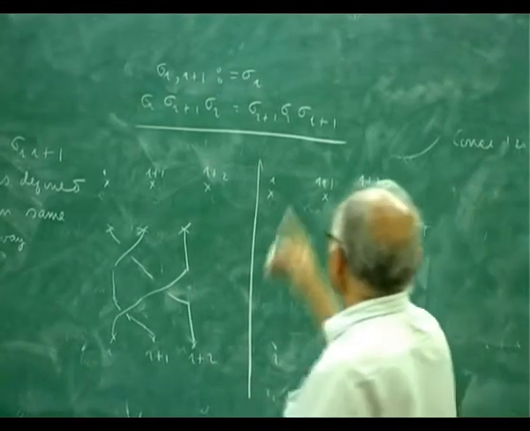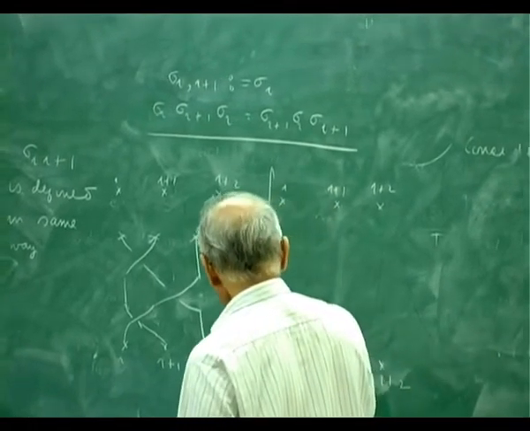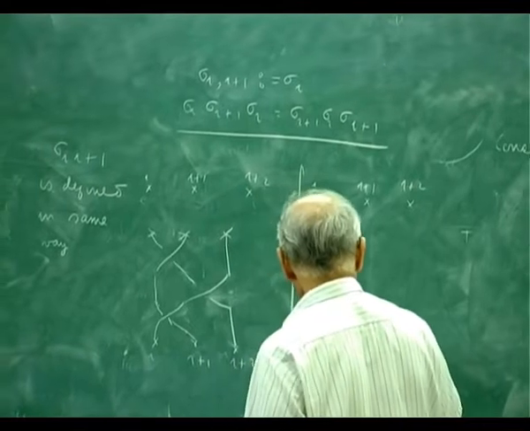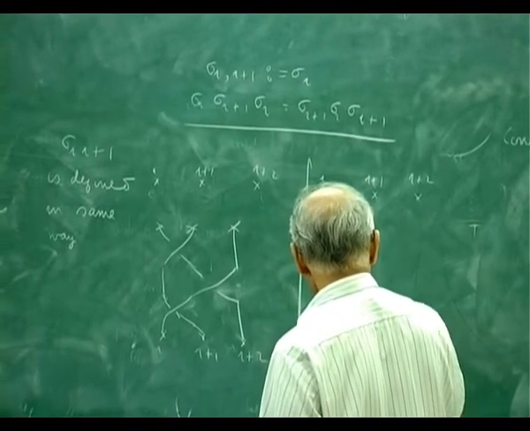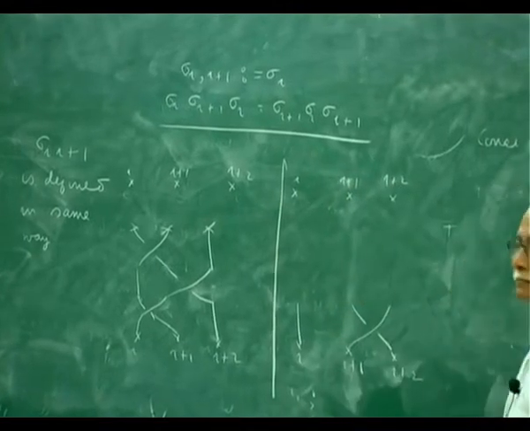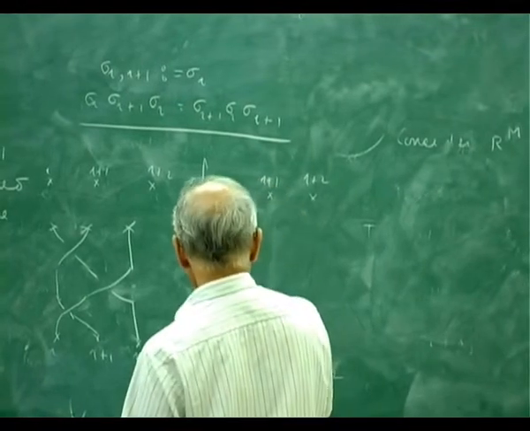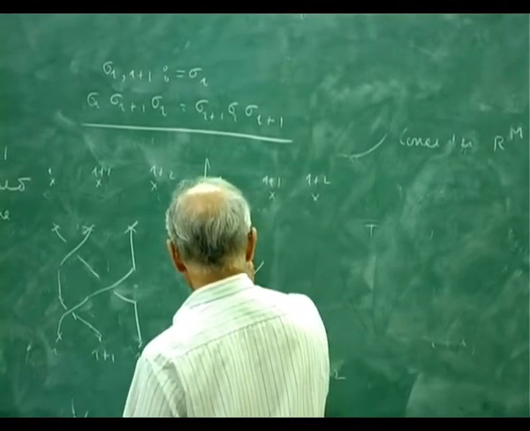Okay. Now let me look at this loop. Here, I don't do anything, but I go. This goes over. This goes underneath. Then I exchange these two. So this goes over. This goes underneath.